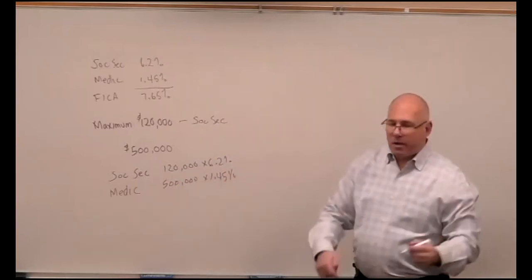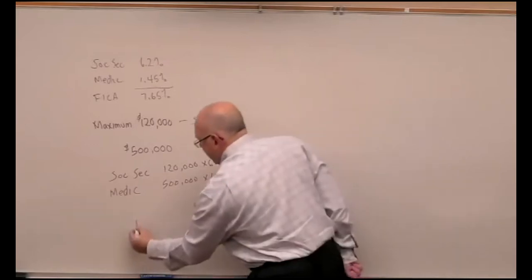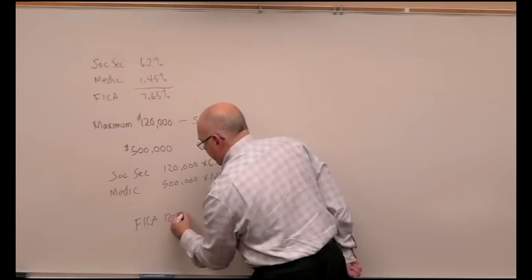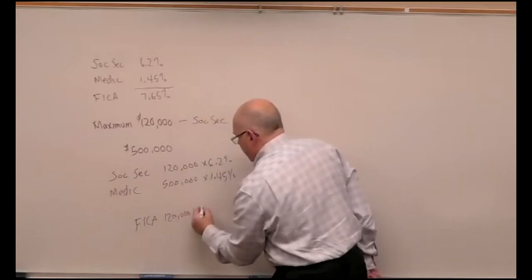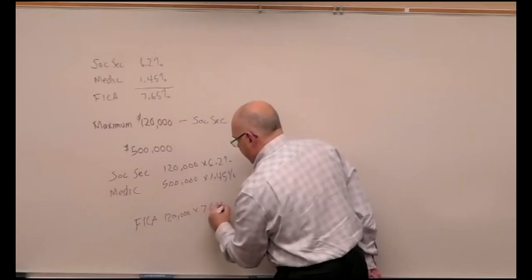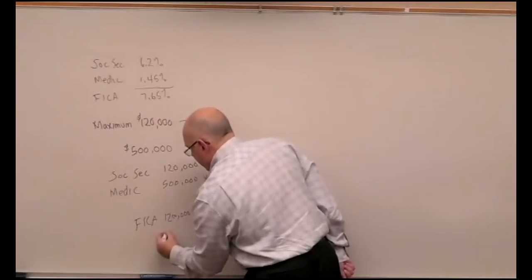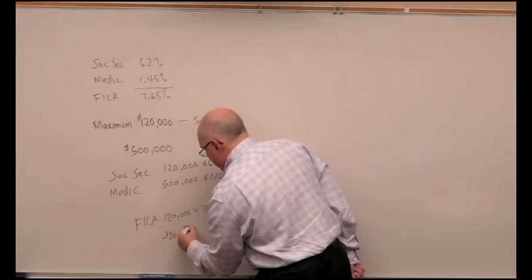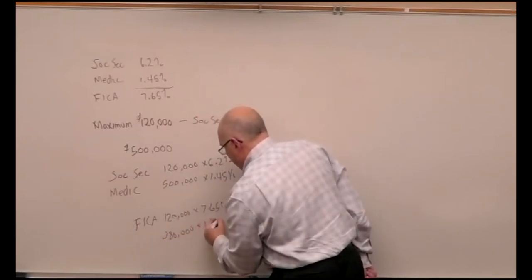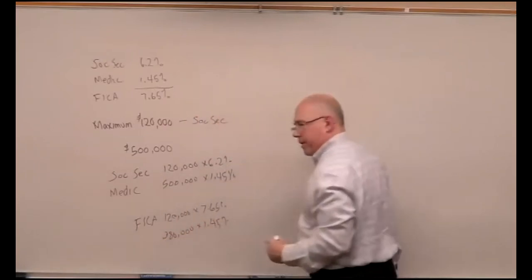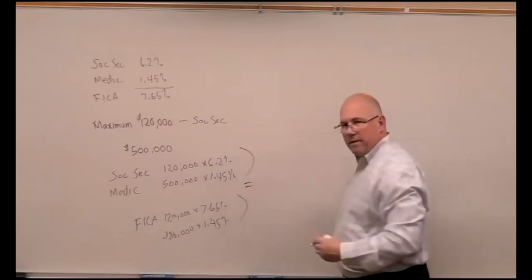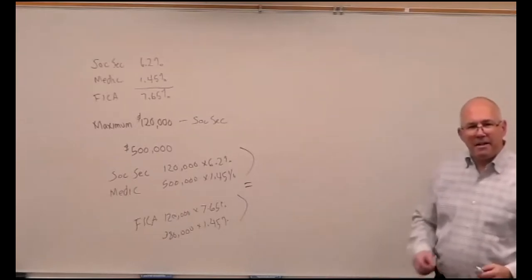The way the book wrote it is FICA of 120 times 7.65, and then 380 times 1.45. These two are equivalent, just stated differently.